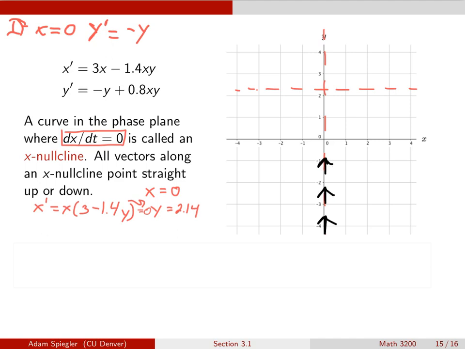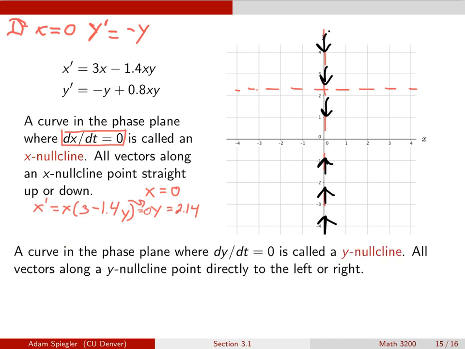And on the other hand, when y is positive, then y prime would be negative, and that's why these vectors are going to point down along this x nullcline when y is positive. Okay, and so we still have some work in terms of figuring out how the vectors are pointing up and down along this other x nullcline, but I'll come back to that in a sec.